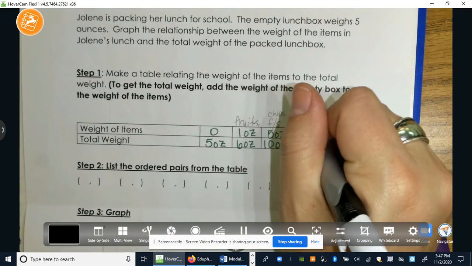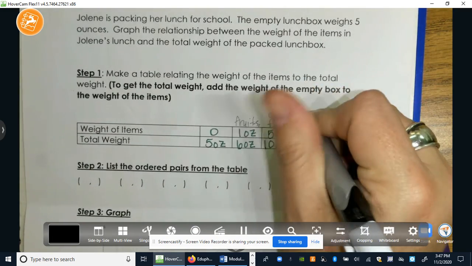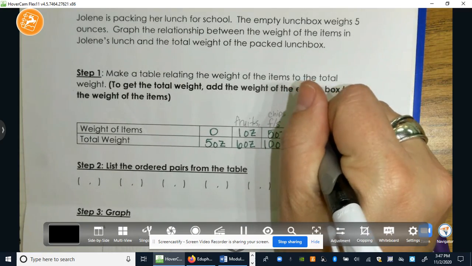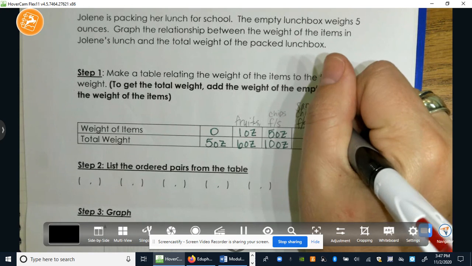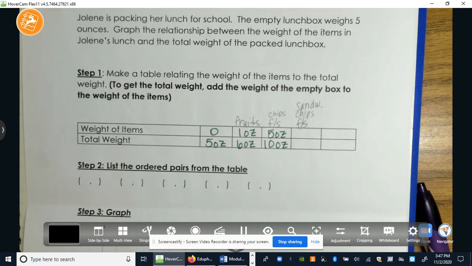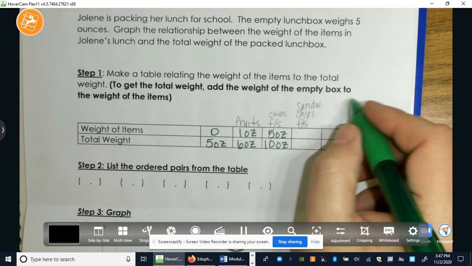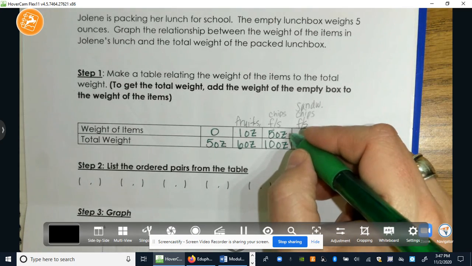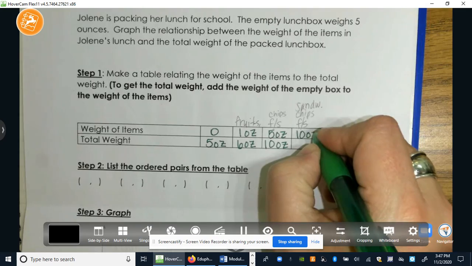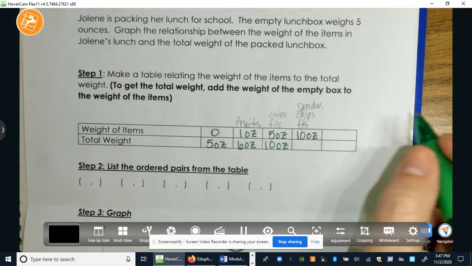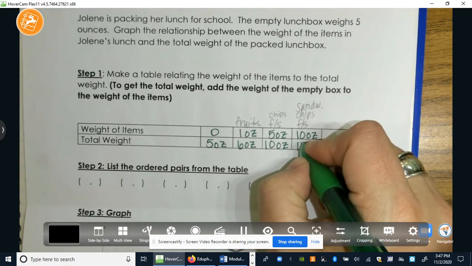So let's say she has the fruit snacks, she has chips, then we throw in a sandwich. All right, and sandwiches normally are heavier than chips, so let's say it's 5 ounces. So 5 ounce sandwich, and then we got to put in her chips and fruit snacks, which would be 10 ounces. Plus the weight of the lunch kit gives a total of 15 ounces.